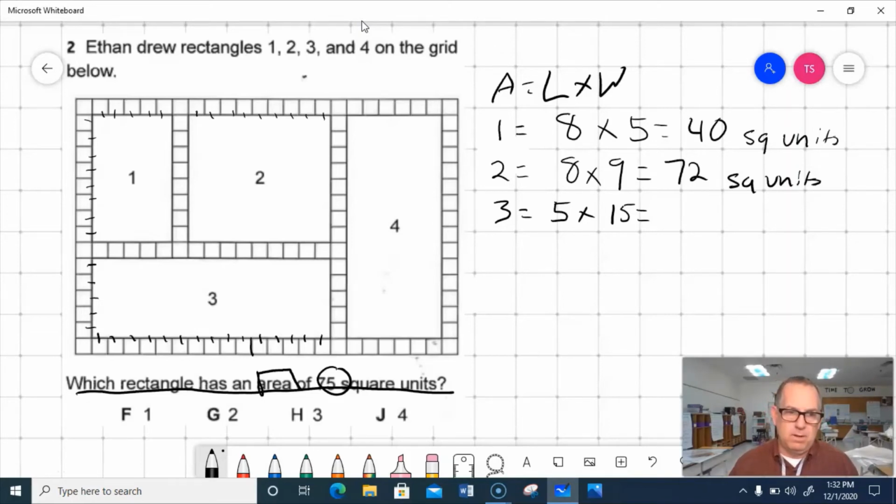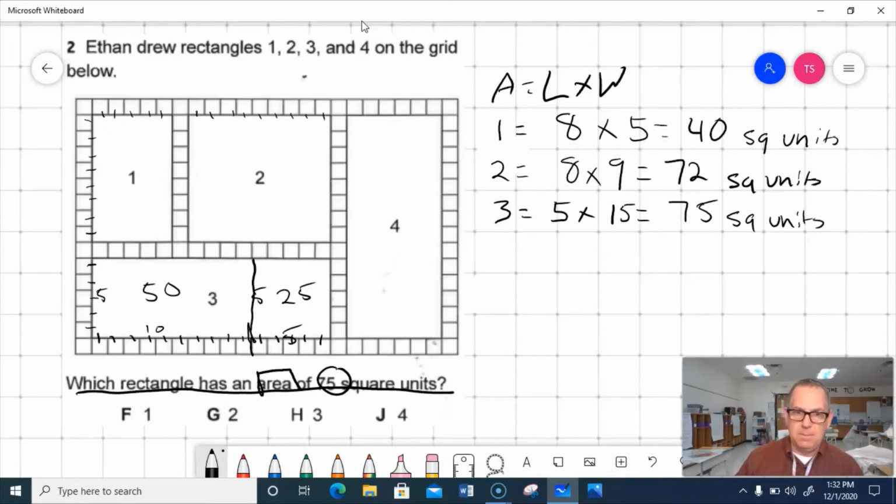Yep, you see I put a little line right here, so we'll make this a partial product multiplication problem. That would be 5 by 10, because I put a little line here on the 10th grid. I know 5 times 10 is 50. And since it's by 15, that leaves a width of 5 and a length of 5, which leaves a square there. I know 5 times 5 is 25. So 50 plus 25 is 75 square units.